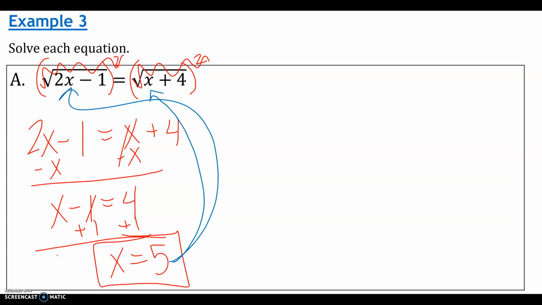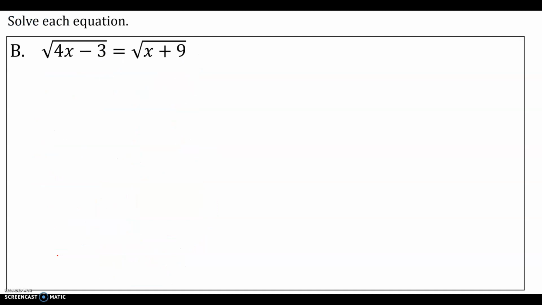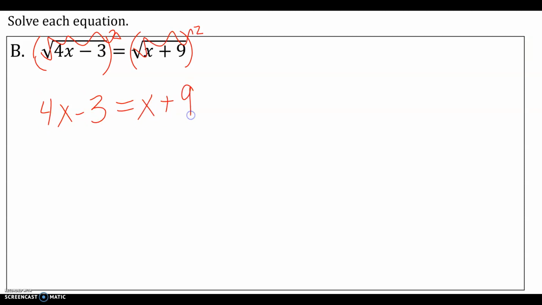And I do have one more for you. So this one, again, radicals on both sides. You need to get rid of them. You have no extra numbers. So square both sides. So radicals go away. 4x minus 3 equals x plus 9.